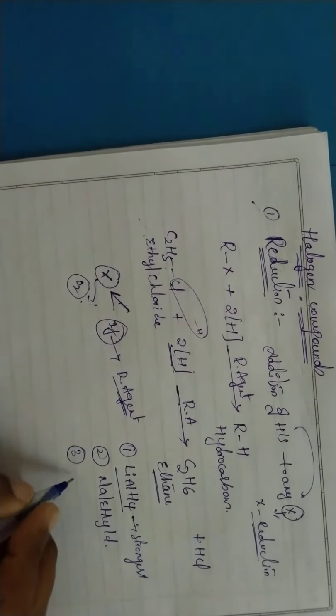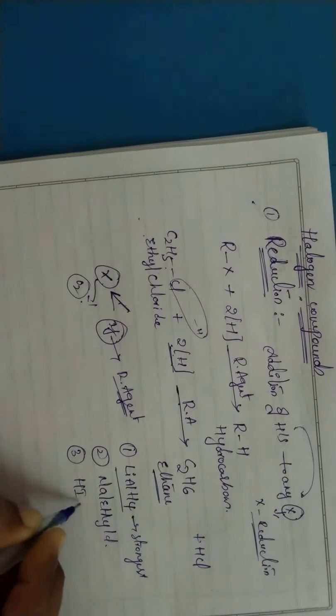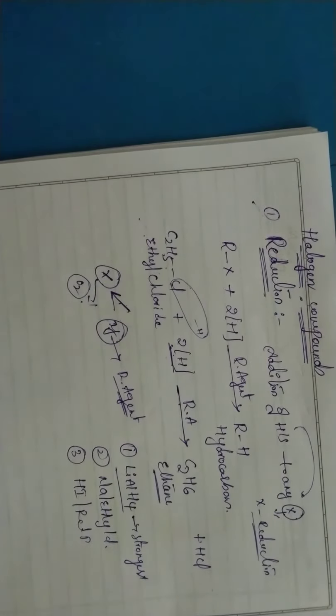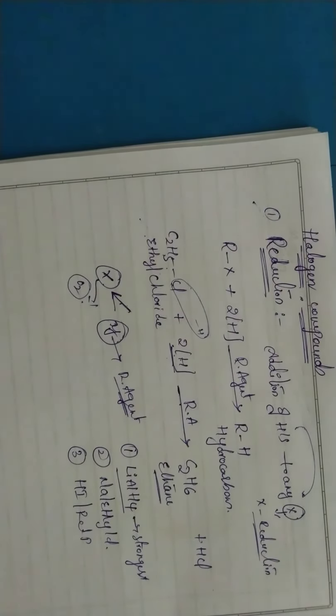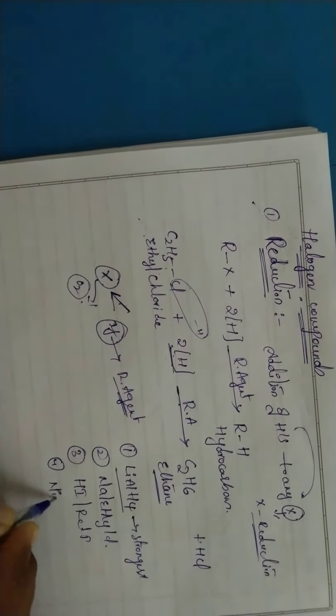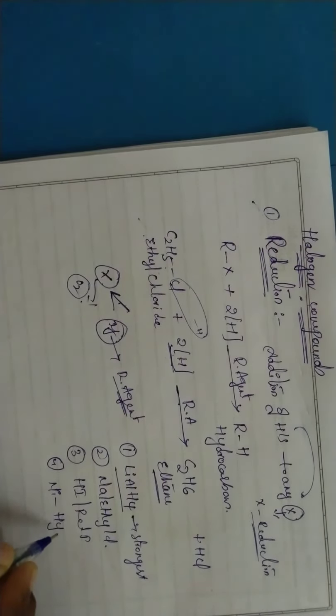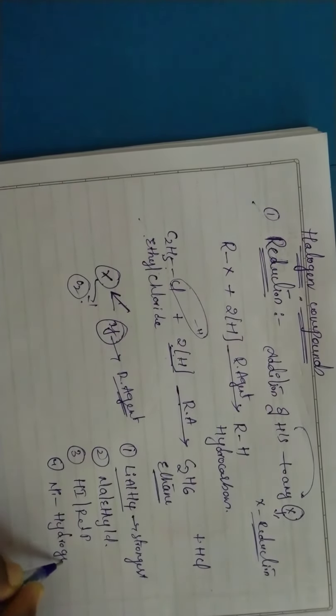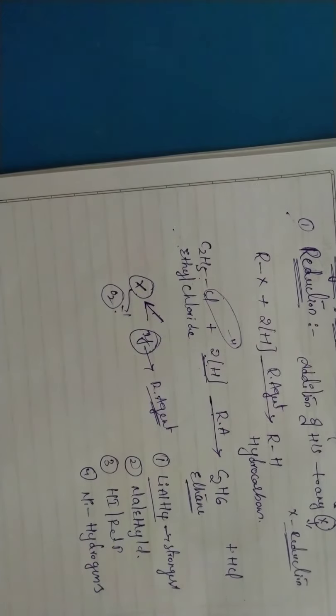And next we have hydrogen iodide in red phosphorus, HI in red phosphorus, or we can also use nickel and hydrogen, that is in hydrogenation, nickel in the presence of hydrogen. These are some of the reducing agents we use for the reduction process.